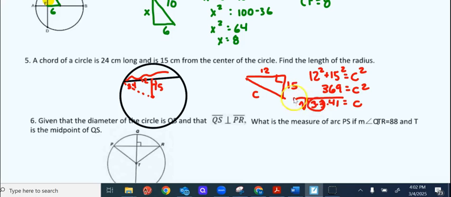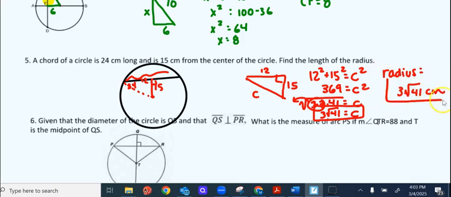So this will come out as just a 3. You'll be left with the square root of 41 equal to c, but actually we're not calling it c, we're calling it the radius. So the radius is 3 square root 41 centimeters.